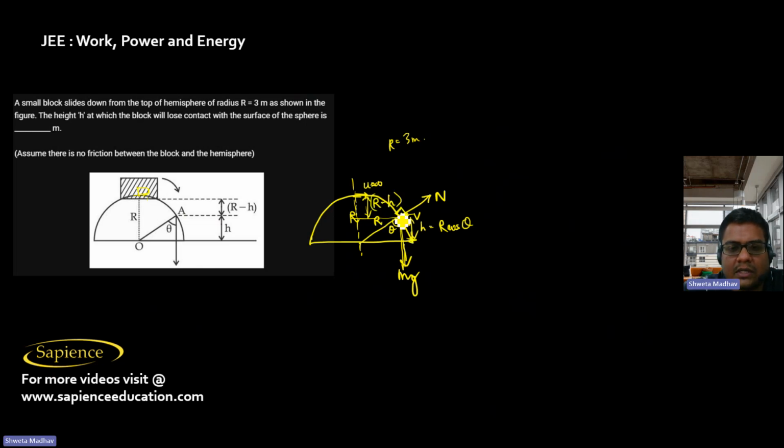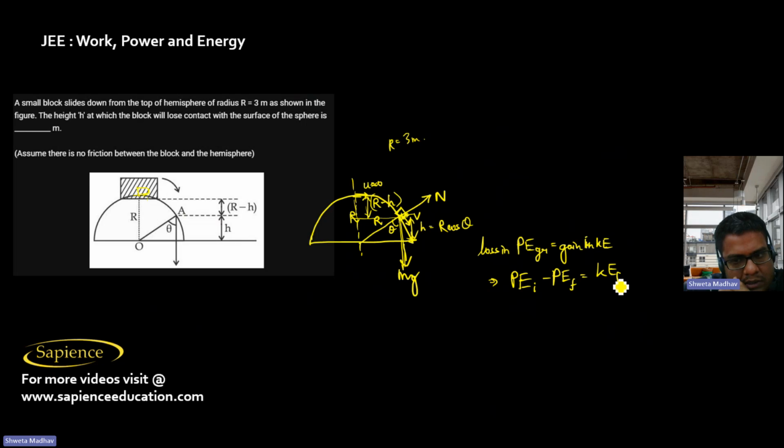So it means there is a loss in gravitational potential energy, so there will be a gain in kinetic energy for the block. So I can say loss in gravitational potential energy is equal to gain in kinetic energy, since there is no frictional force. Loss in potential energy means initial potential energy minus final potential energy equal to gain in kinetic energy, which means final kinetic energy minus initial kinetic energy.